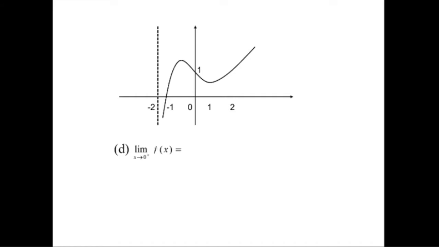Next, what is the value of the limit as x approaches 0 from the right side? On our x-axis, look at 0 and see what the graph is approaching from the right side of 0. As you can see, the graph is approaching y equal to 1. So the value of the limit is 1.